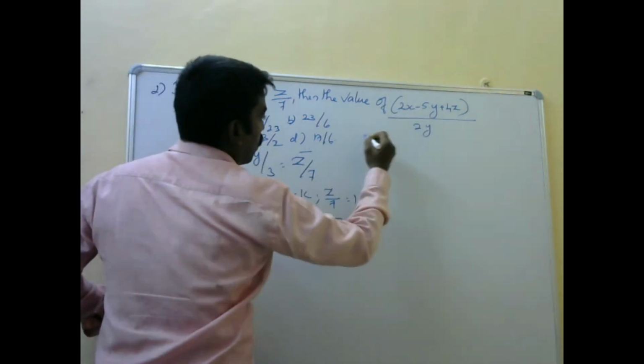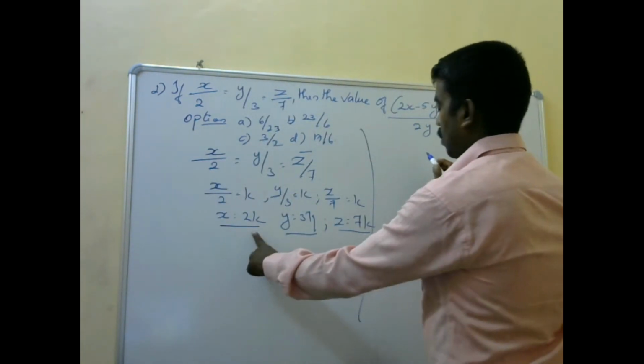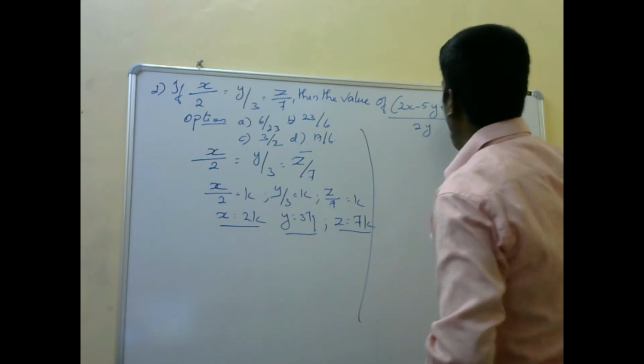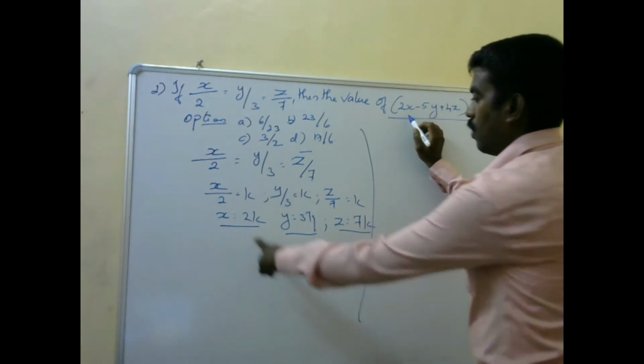And what is the value of this? (2x minus 5y plus 4z) divided by 2y. What is the x value? 2.